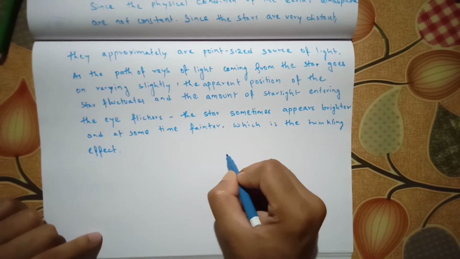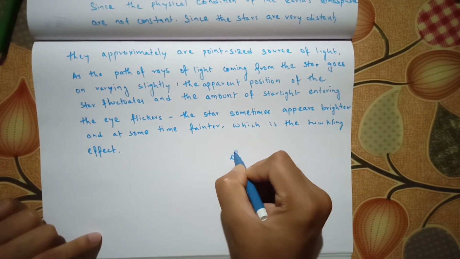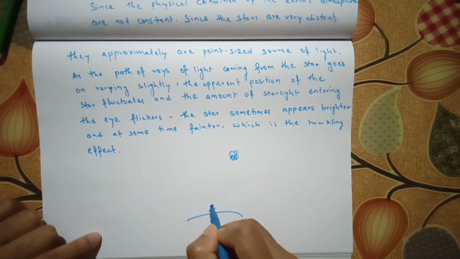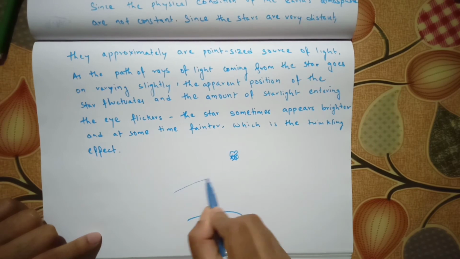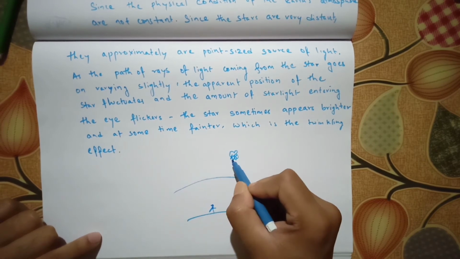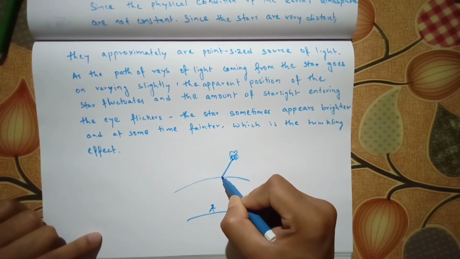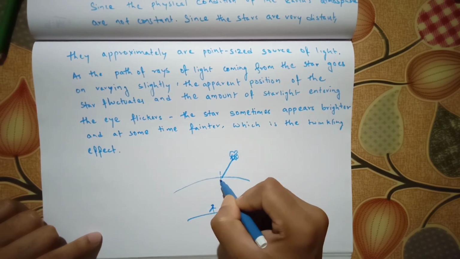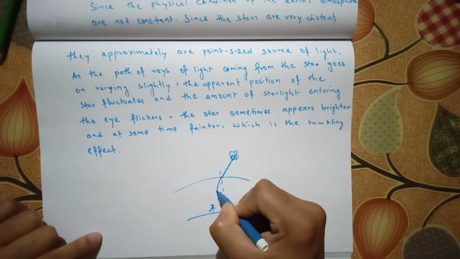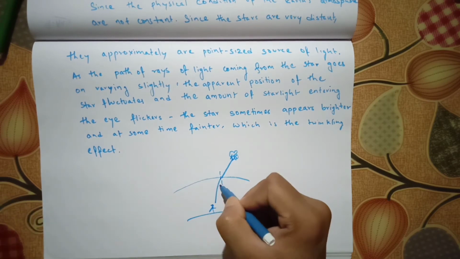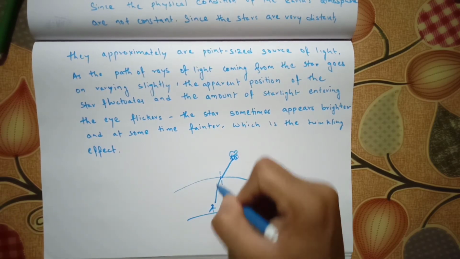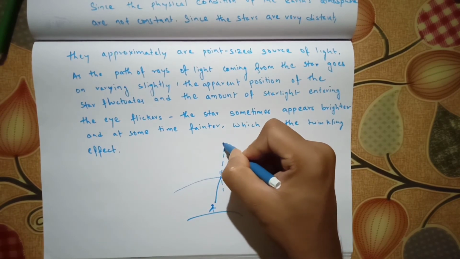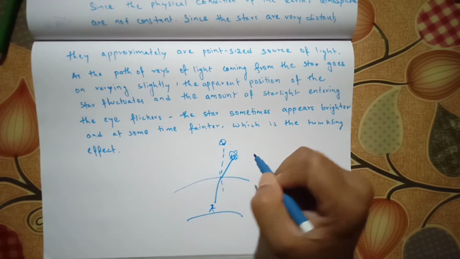As we see, suppose this is a star, this is our Earth, this is someone who is watching the star, and this is our atmosphere. Whenever the point-sized ray comes to the Earth, let us take this as the normal, it comes towards the normal, and for this ray the star will appear to us in this position.